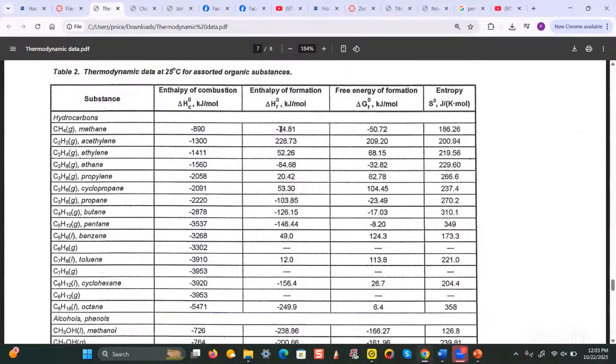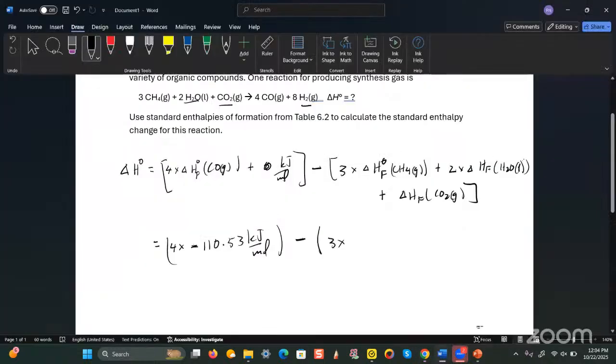This is not it. This is it. For some reason, they put the enthalpy of formation in the second table for this. This is called enthalpy of combustion, which is the enthalpy change when something burns. But this here is the value. So that's minus 74.81, 3 times minus 74.81 kilojoules. Okay, and then let me put a big square bracket there.